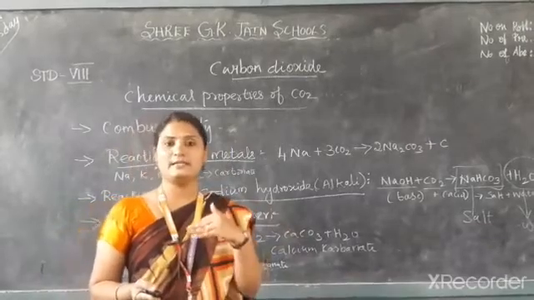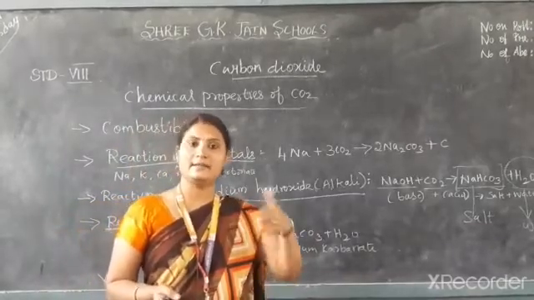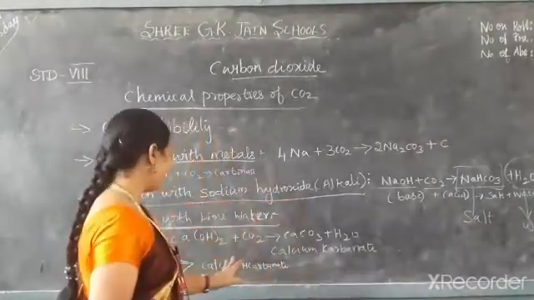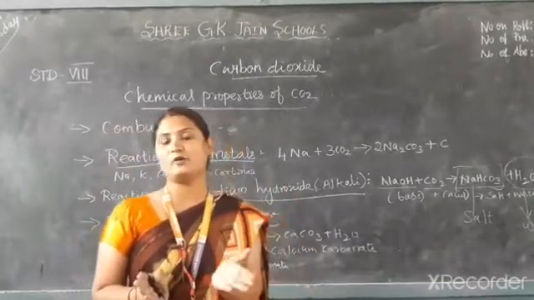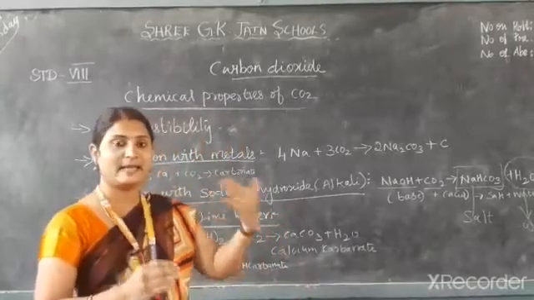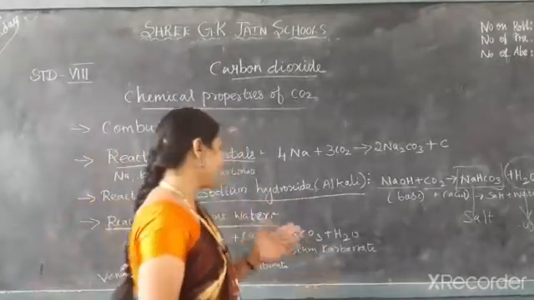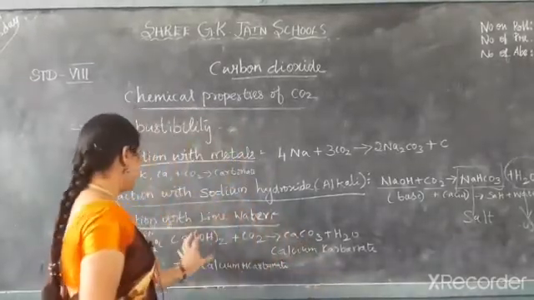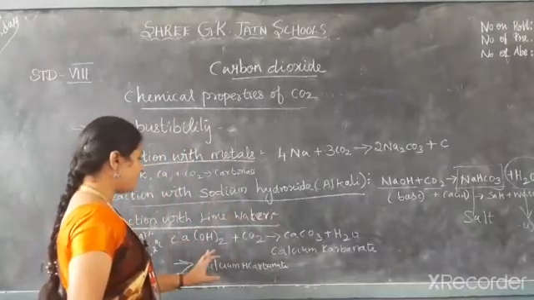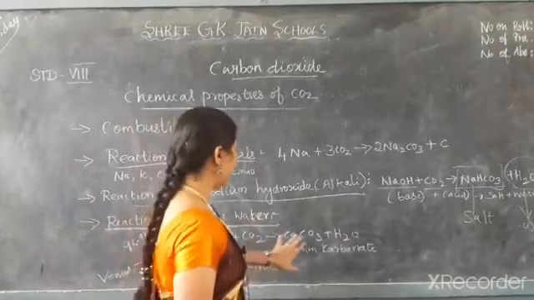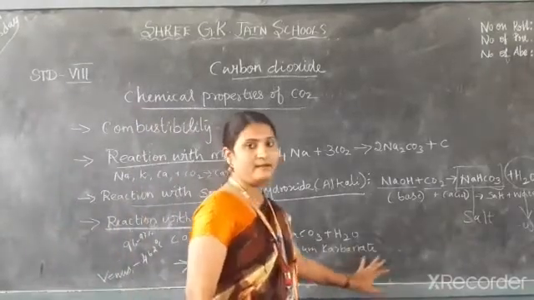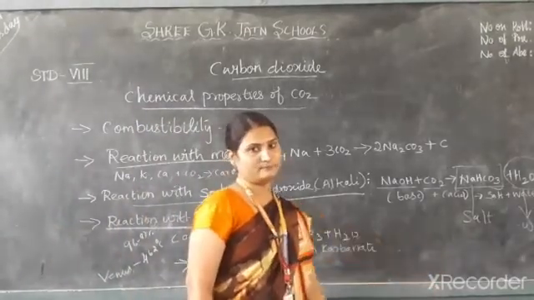After that, the milkiness will disappear with the formation of calcium hydrogen carbonate. So calcium hydroxide, when it reacts with carbon dioxide, will produce calcium carbonate along with water.